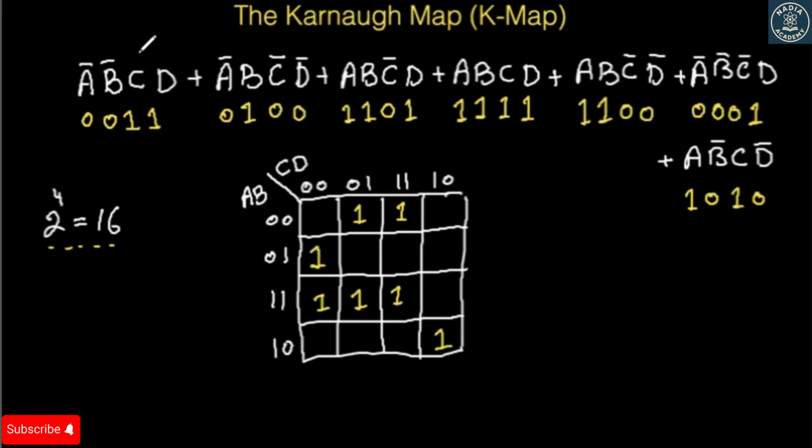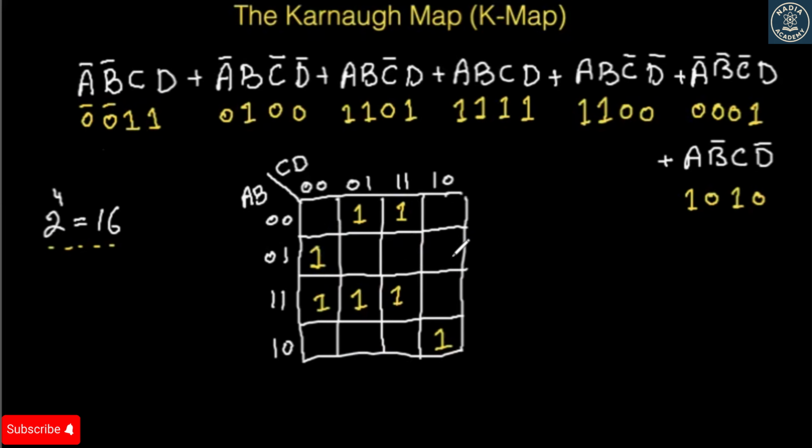This product term can give us the value 1 only if A is 0 and B is also 0, because A bar and B bar means 0 bar, that will be 1, and 1 times 1 times 1 times 1, the answer will be 1. That's why when we have a bar, it takes the value 0. So here we have our K map, which is ready for the solution.